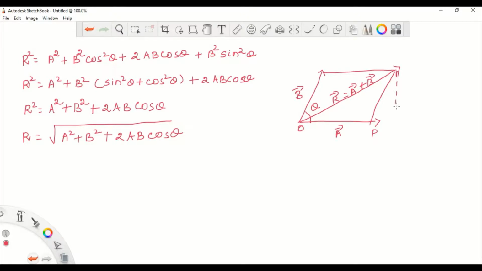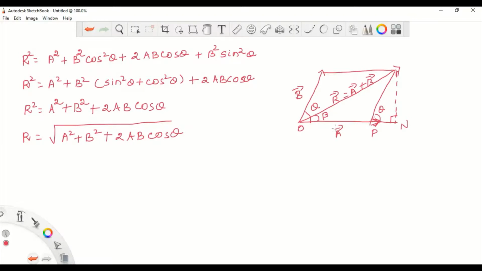And this will be our perpendicular line we have drawn, and again this will be our theta, and this angle is beta. That is, beta be the angle between the resultant and the A vector. Okay, so here R, which makes an angle beta with a direction of A vector.